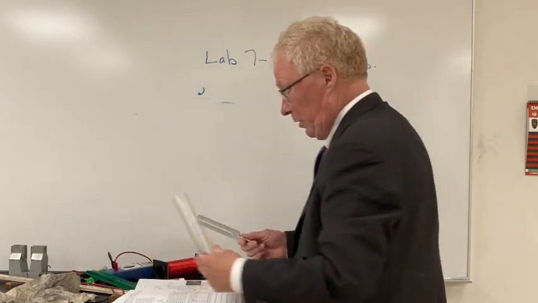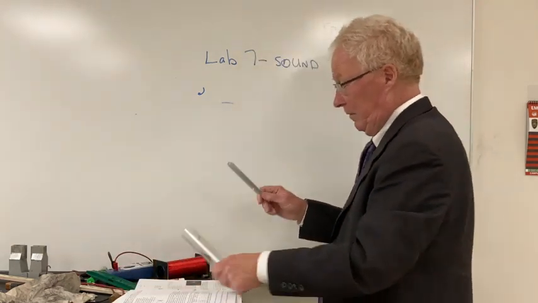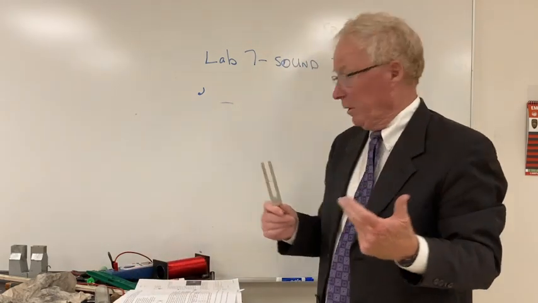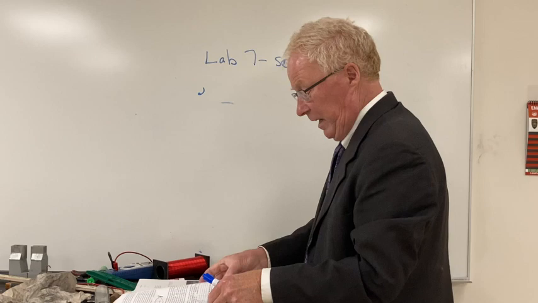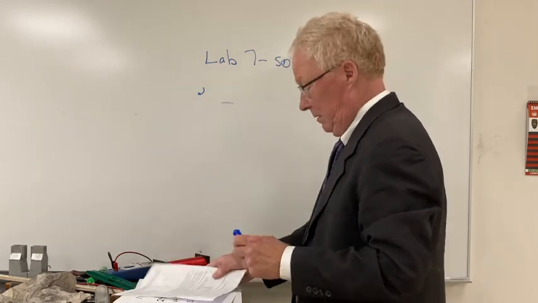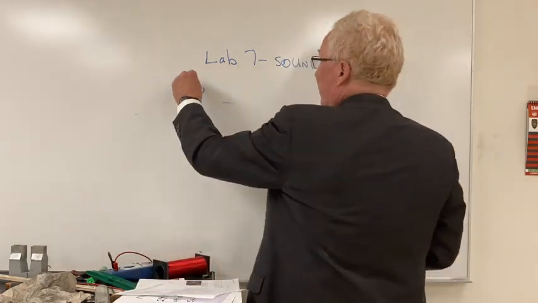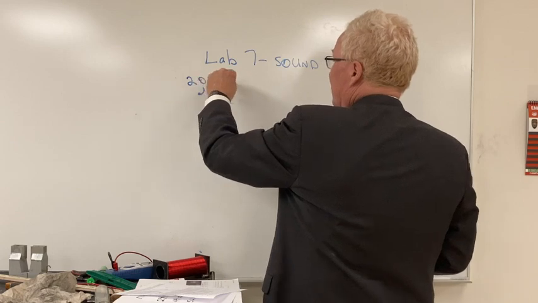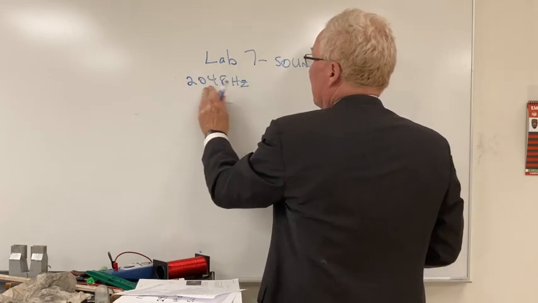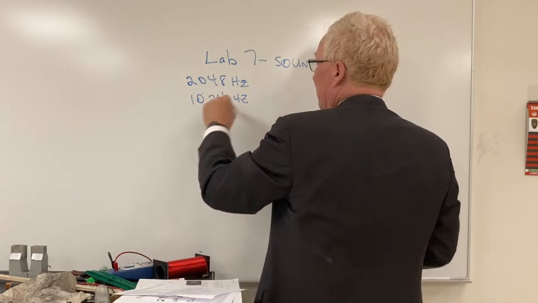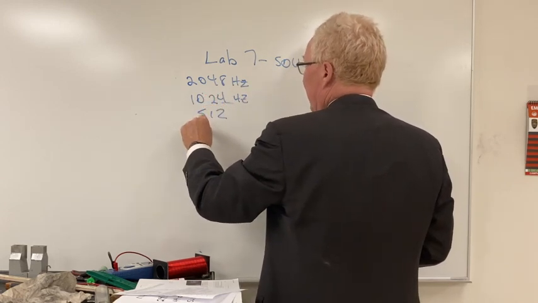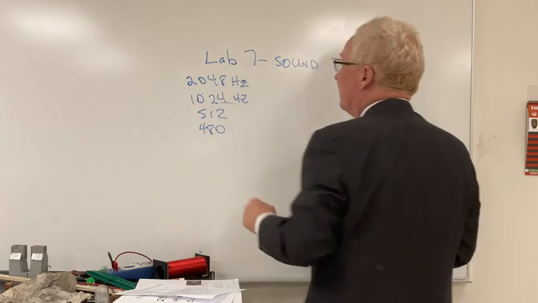So what we're going to do is use four different tuning forks, and the different tuning forks we'll be using, if you look at the lab, are 2048 hertz, 1024, 512, and 480.